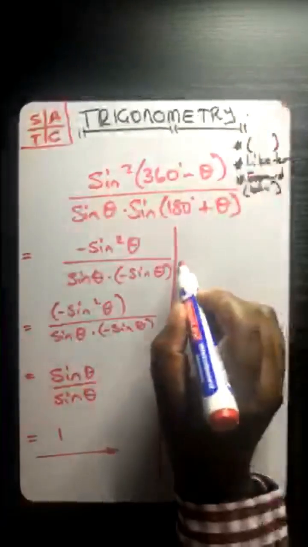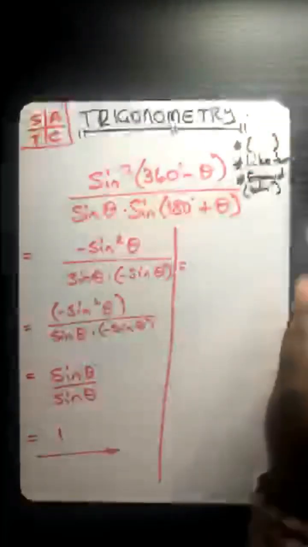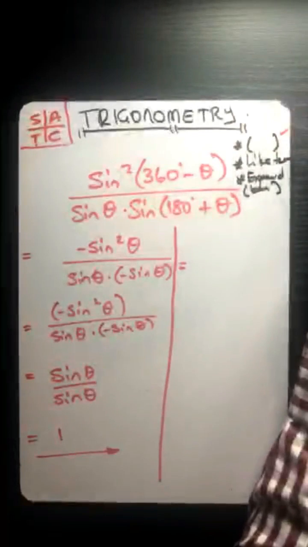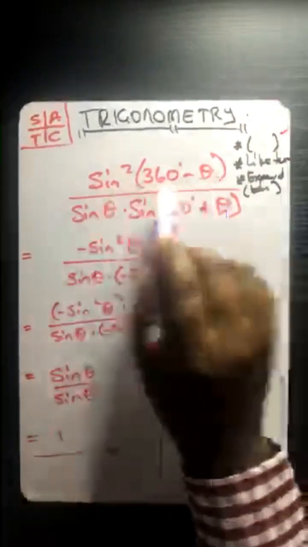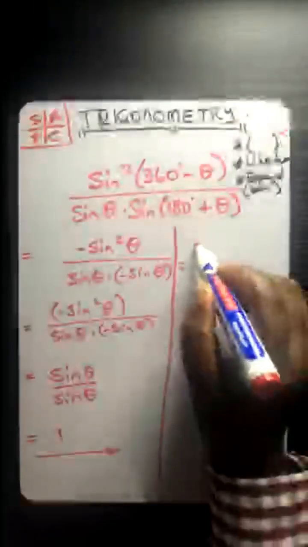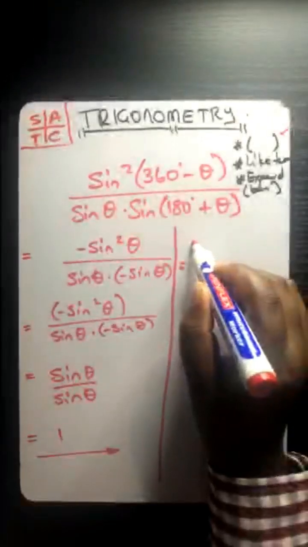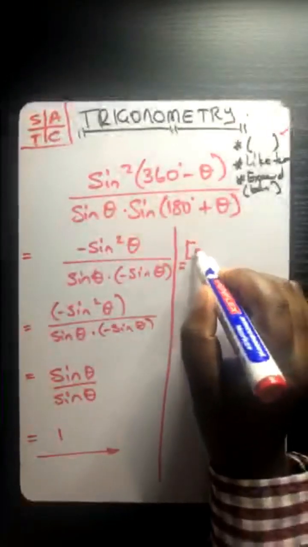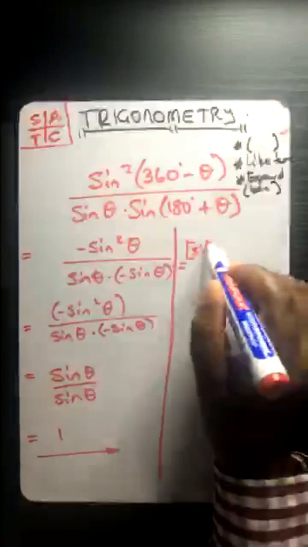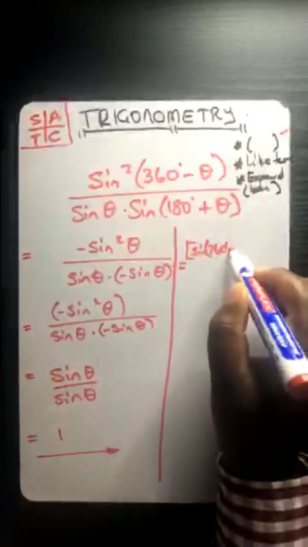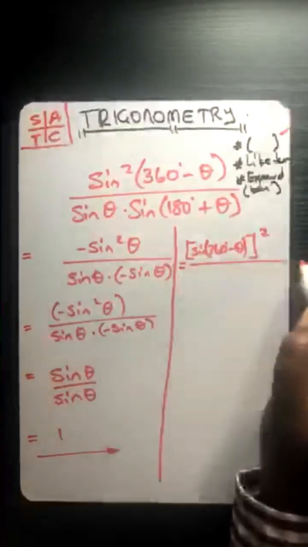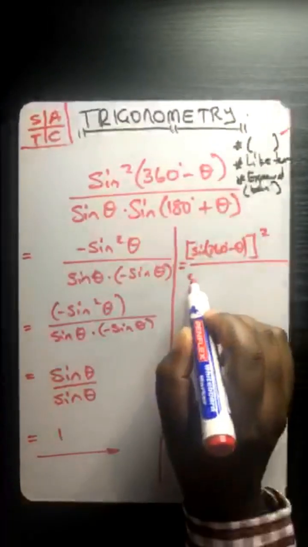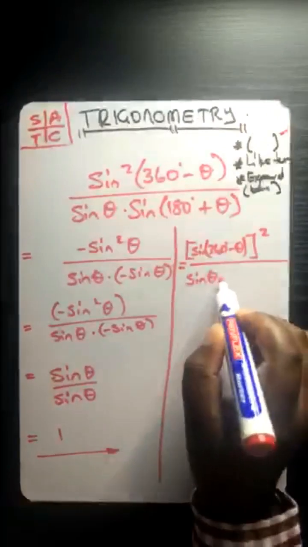You will understand why it's important to have this type of a thing. Now I'm going to work it out, and this is what I do. Where there's smoke, there's fire. Can you see this thing when it's written like this? Remember, this thing is actually the same as sine of 360 degrees minus an angle, that squared, you put it on the outside. And then here, you can just say sine of an angle.